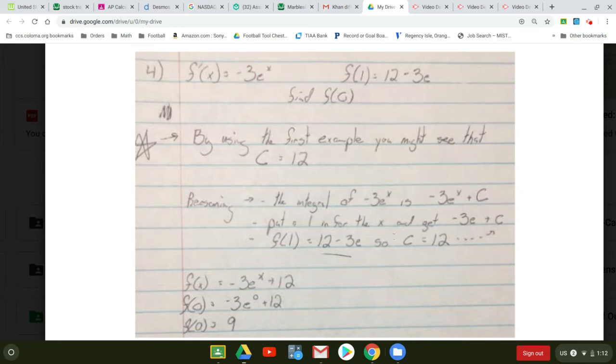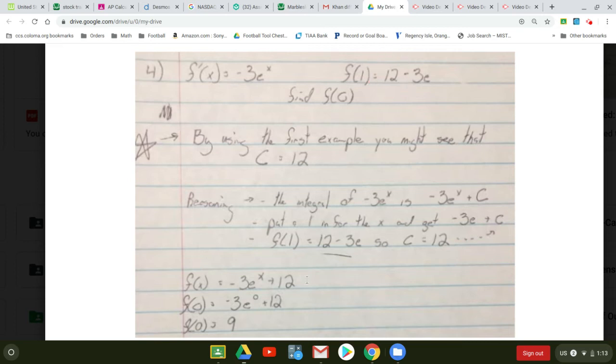So the integral of negative 3 e to the x is negative 3 e to the x plus c. And the integral at 1 is negative 3 e to the 1, there's really a 1 there, negative 3 e to the 1, plus 12. So in this problem, isn't the c value just 12?